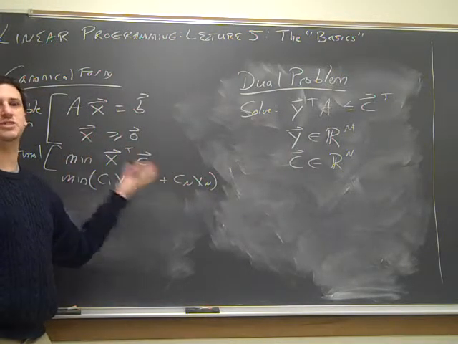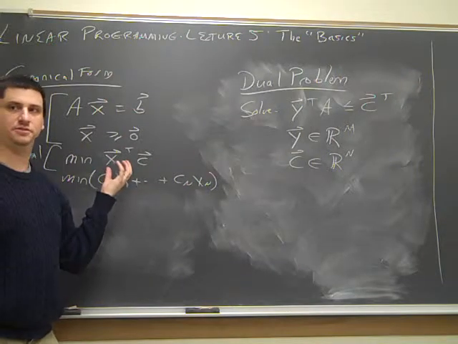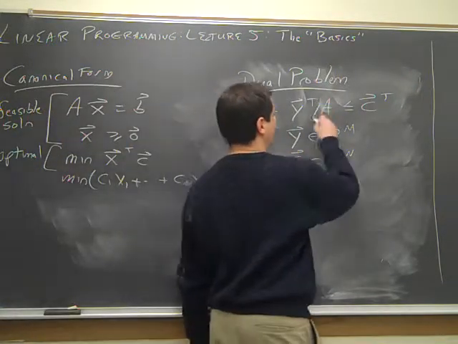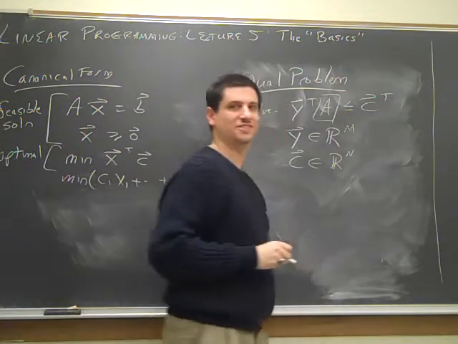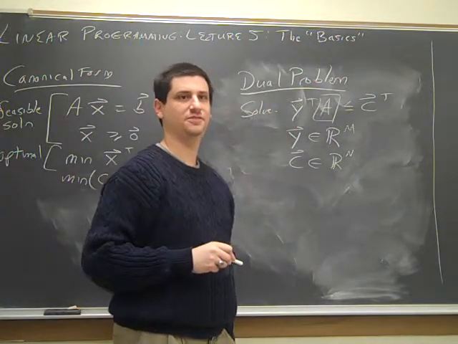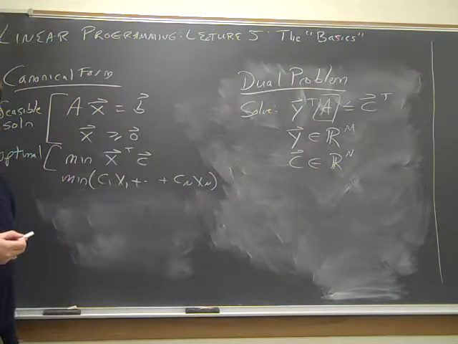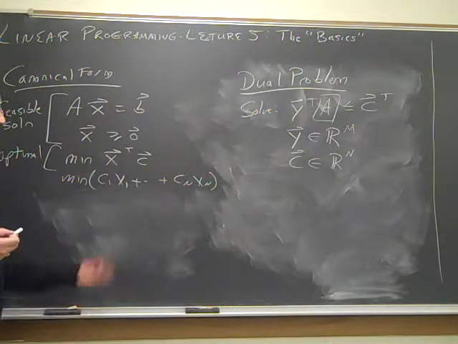Can you see any relations, any commonalities? They have A, which is good. What else do they have? There's one other thing they have in common. They also both have C.